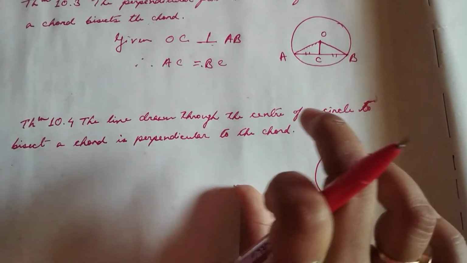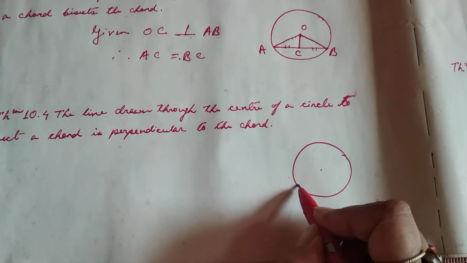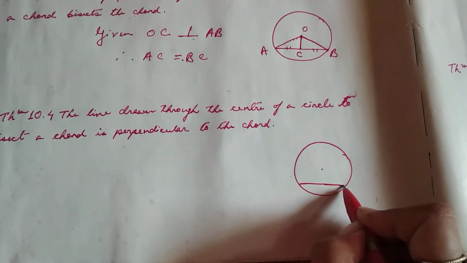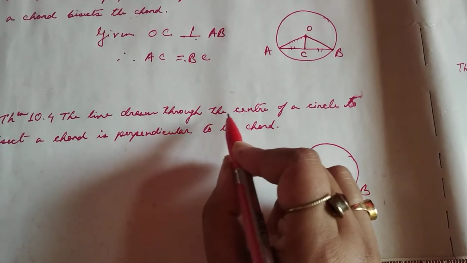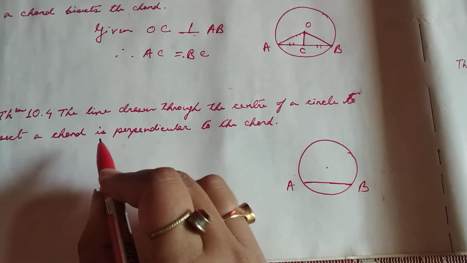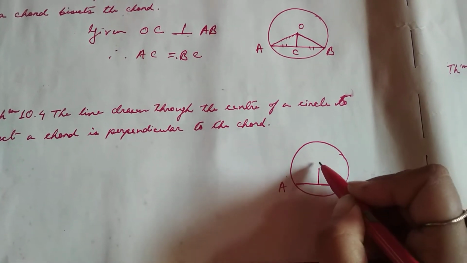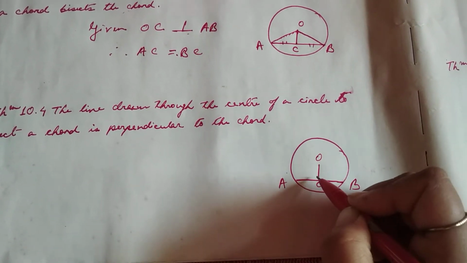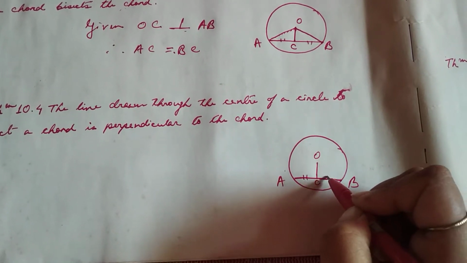This is again the reverse of theorem 10.3. It says that if there is a chord AB, and the line drawn through the center of a circle bisects the chord, that is, a line OC is already there which is bisecting the chord, that means AC is already equal to CB.